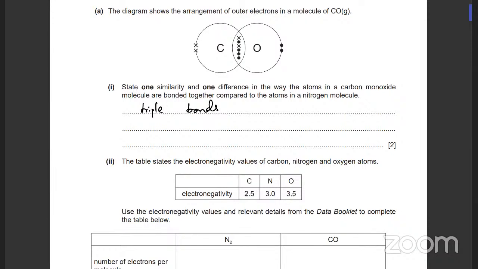The difference is that carbon monoxide has one dative covalent bond, also called a coordinate bond, because both electrons are being shared by oxygen. So that is the main difference.